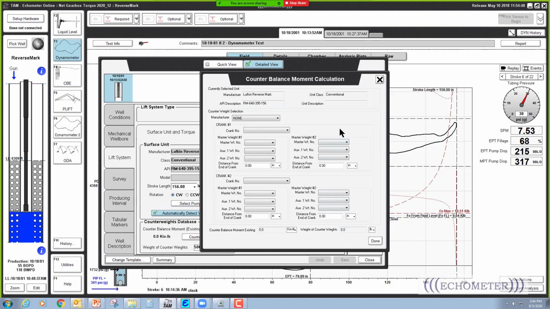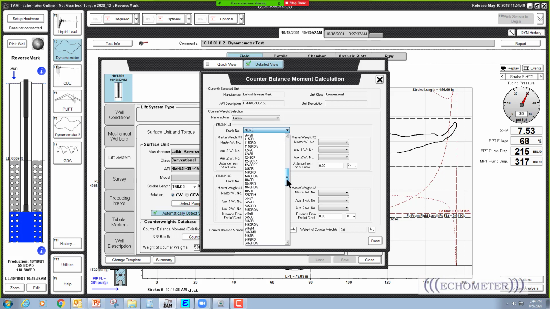And so the unit description, it's a 395. And if I go into the crank, it's a Lufkin crank, and the crank arm is 901.